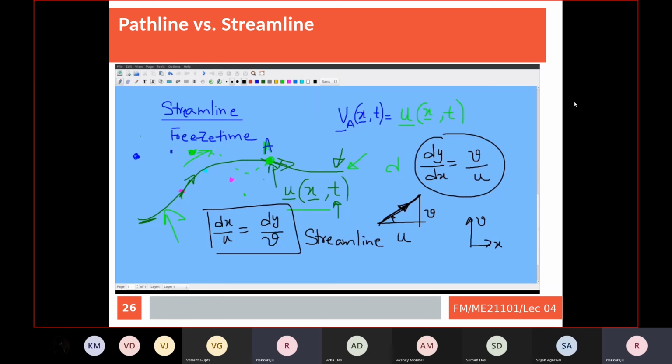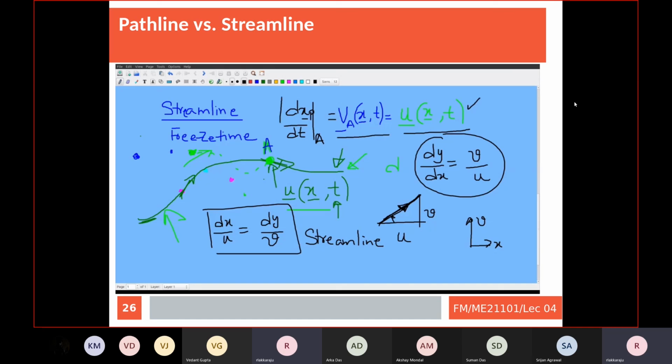The equation for a path line is that the velocity of a particular fluid particle A is supposed to match with your local fluid velocity. In that case, I can always write the velocity of the fluid particle as dxp by dt. This represents the particle position, how it varies for a given fluid particle A, and it is supposed to match with this.